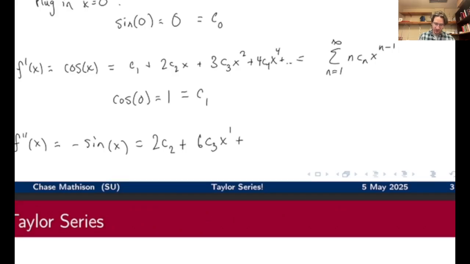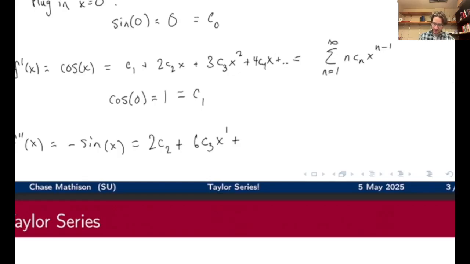So, sorry, 4c4 x cubed. So down here, I would get 12c4 x squared, and then so on, so on, right?